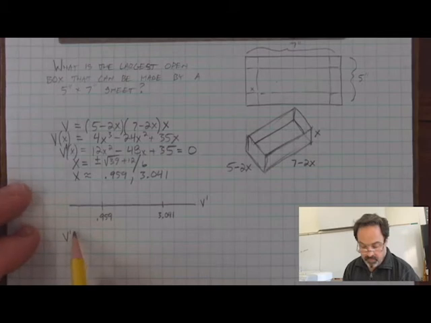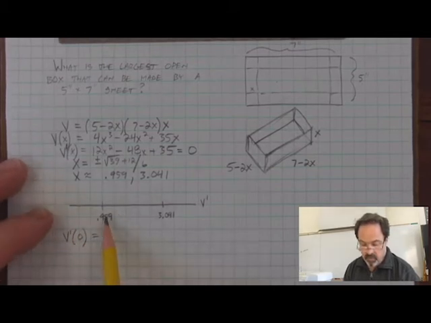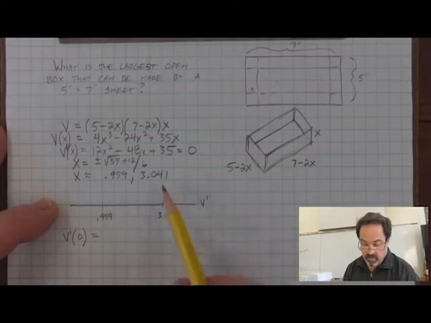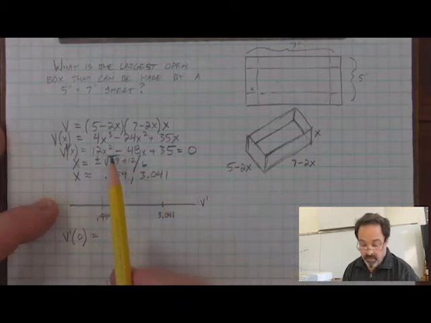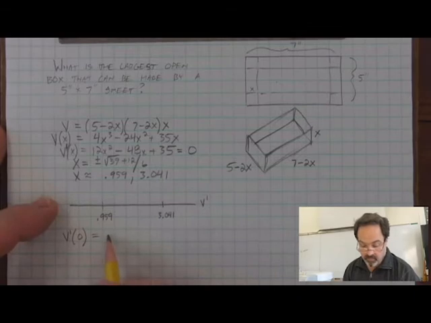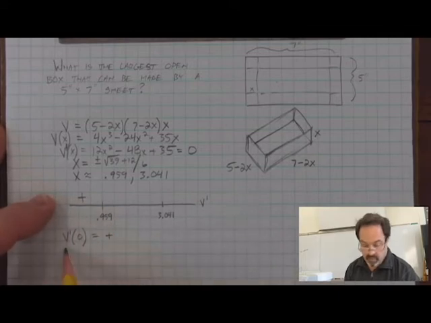If we put 0 into the derivative, a very convenient value to use that is before the critical point, 0.959, then we will get 0 minus 0 plus 35, which is quite obviously positive. The interval before the first critical point is positive.